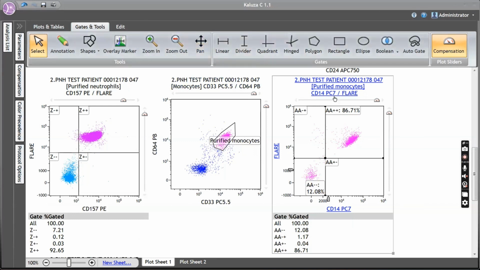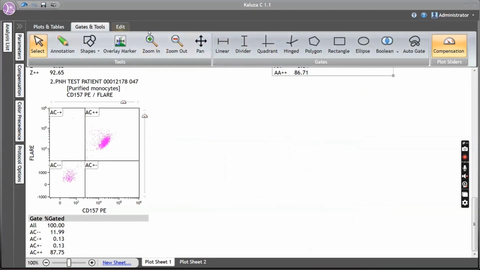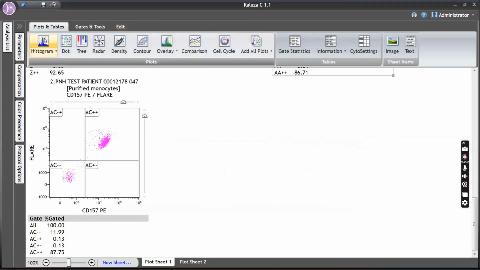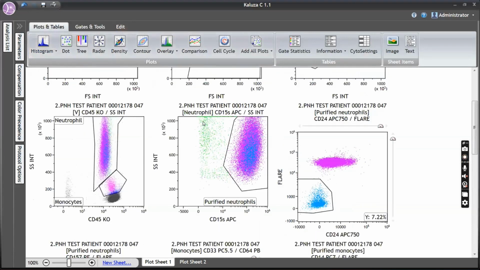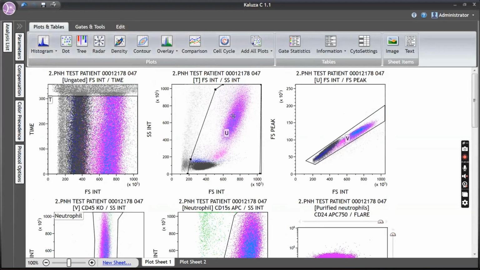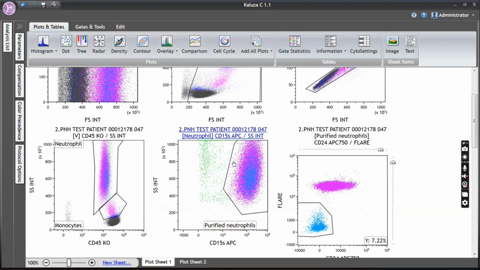So I'll show you what is MFI, since there was a doubt on that. MFI is median fluorescent intensity. For example, I need to check the median fluorescent intensity of neutrophils for CD15s.